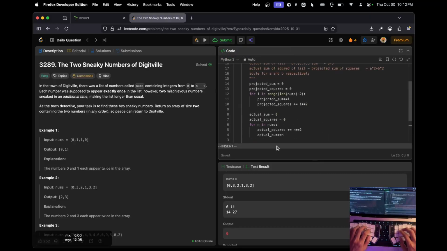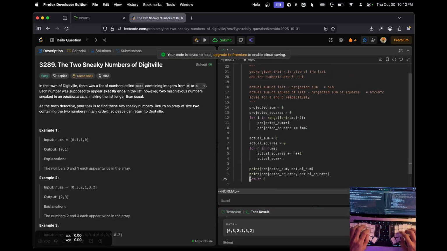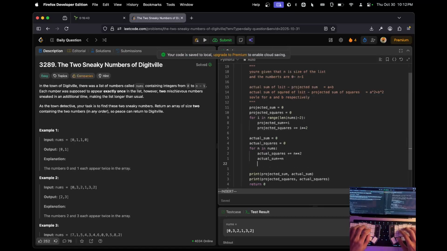So what are A and B gonna be that you can substitute? Well, what equations do you have right now? The actual minus projected is going to be A plus B. So in other words, A is equal to the actual sum minus the projected sum minus b.